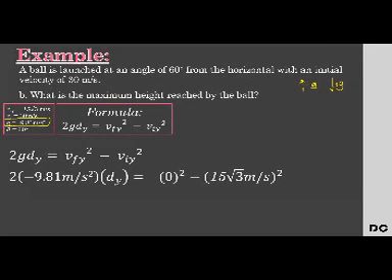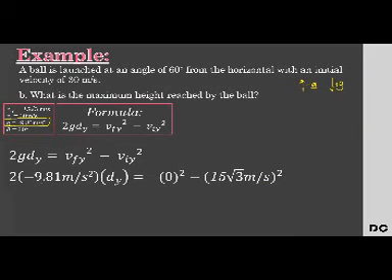Because there is a certain time where the object pauses for a while or it stops for a while before it starts moving downward. So that is the reason that the final velocity is equal to 0 at the moment the object reaches the maximum height, and then subtracted by the initial velocity y component square.